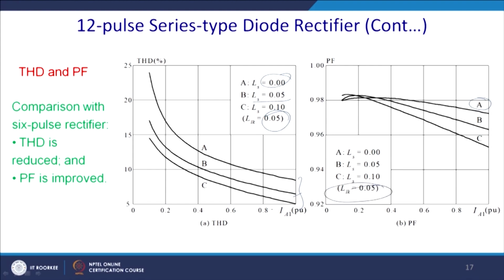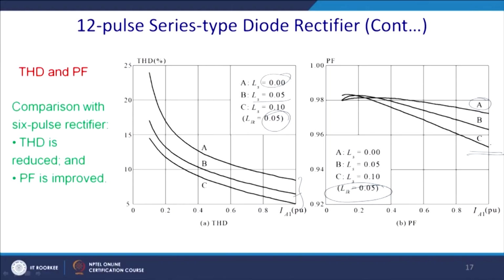It will drop the overall power factor, but we do not bother about power factor if it is close to 0.9, and it is well above 0.9. For this reason this solution is acceptable to us. B gives you close to 0.95, and C gives you a little less than 0.95.